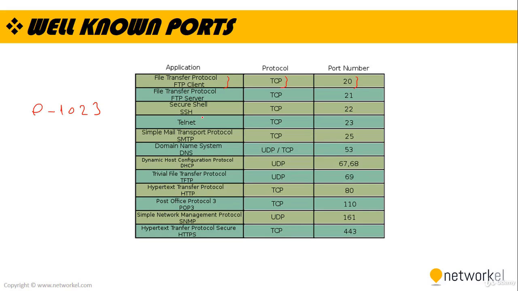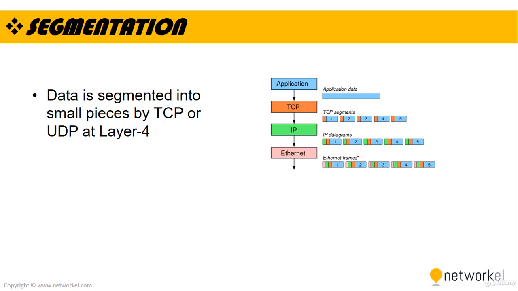Telnet is a remote access protocol, and Telnet uses the TCP protocol and the port number is 23. And DNS, domain name system protocol, can use UDP or TCP, and the port number is 53.